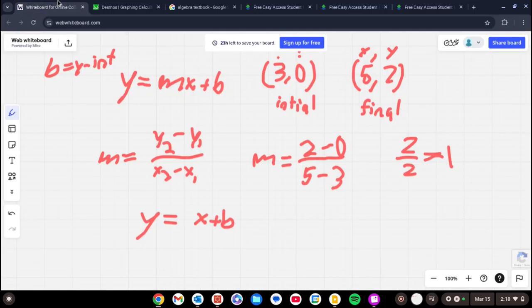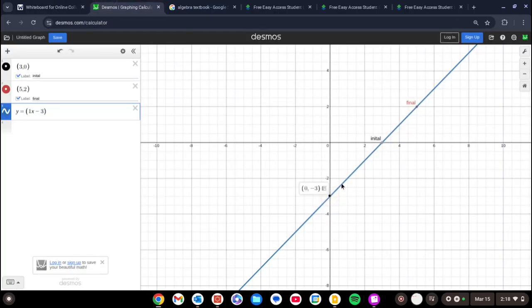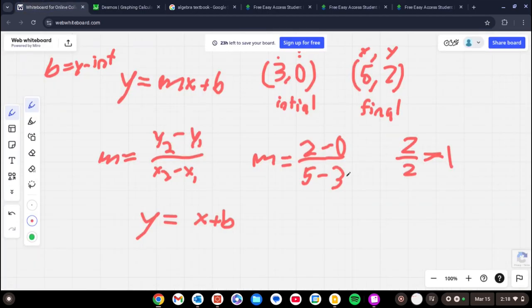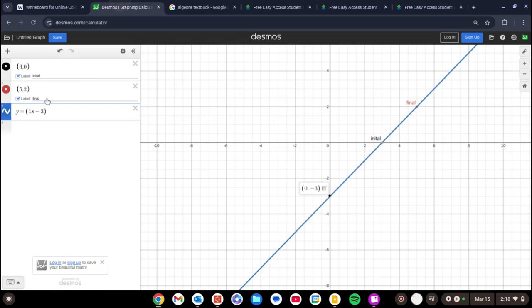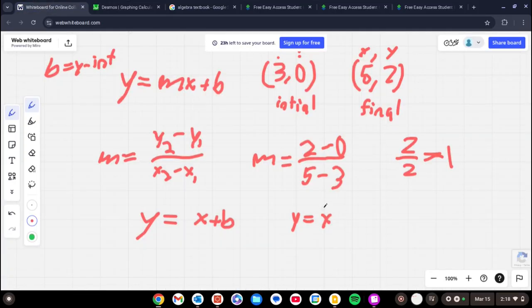So you would be able to find out that if we were to find b, it would actually end up equaling -3. So let's try to write an equation for this. You can write it as y equals x (parentheses) -3.